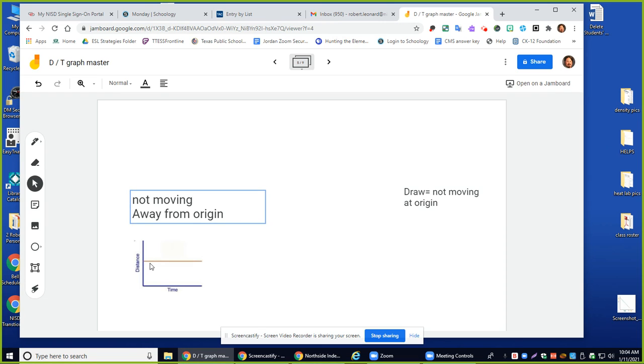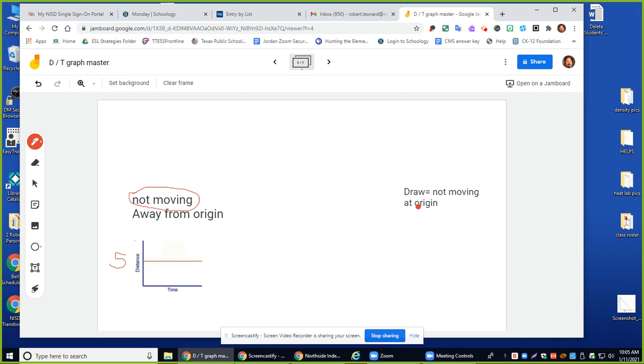Here I am, I'm not at home. I'm away from the origin, standing at the street corner. So the big thing is, what is it doing? It's not moving. If it's at 5 meters, it stays at 5 meters.